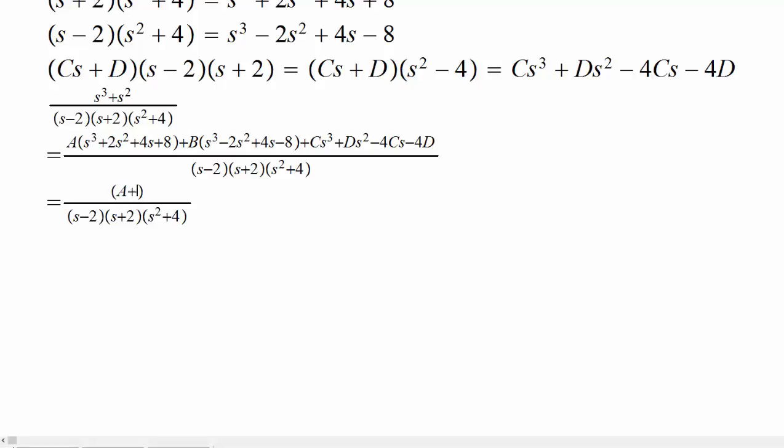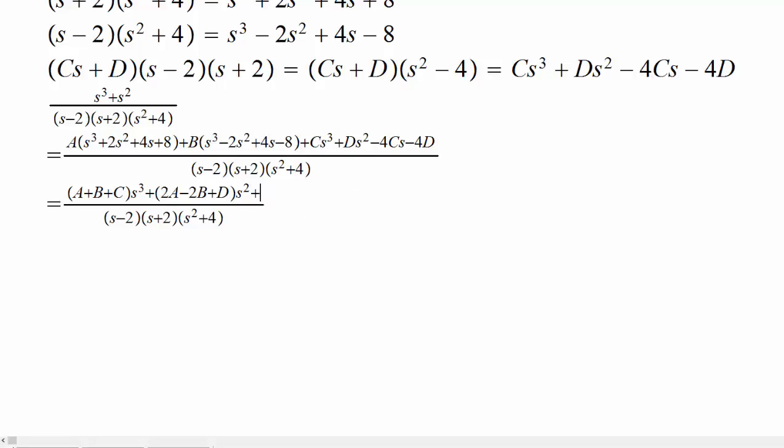We get A plus B plus C, s cubed, then plus 2A minus 2B plus D, s square.